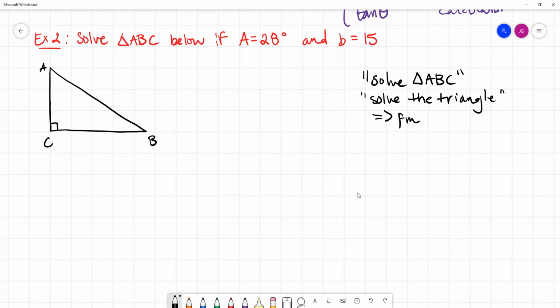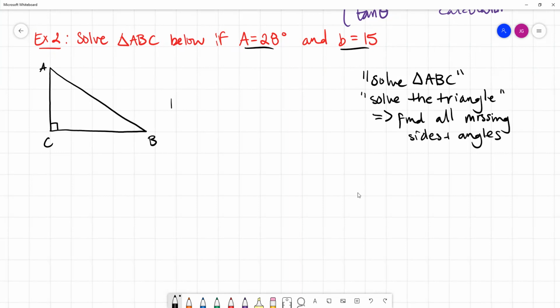So find all missing sides and angles. Okay, so if I ask you to solve a triangle, that means that I'm giving you certain pieces of information, certain angles and sides, and I want you to find the other angles and sides, all of them.